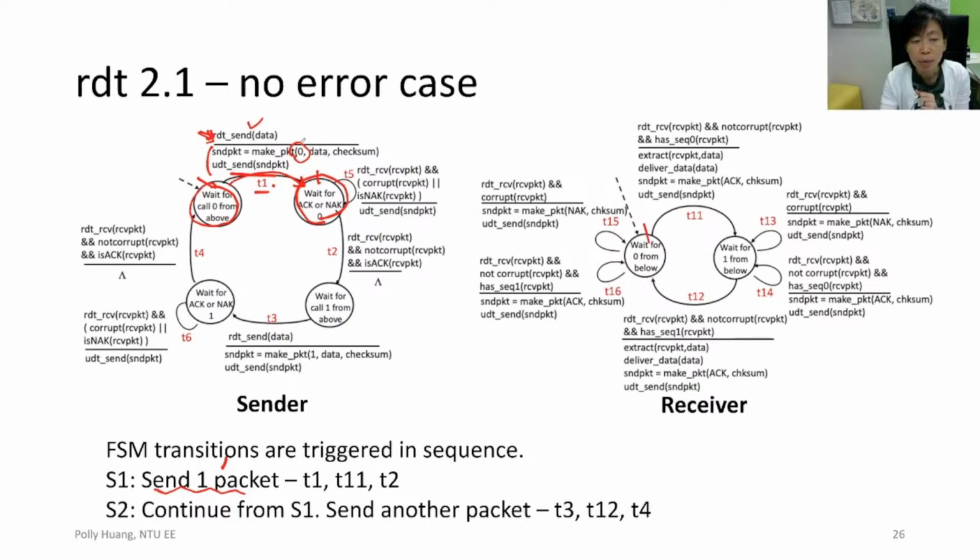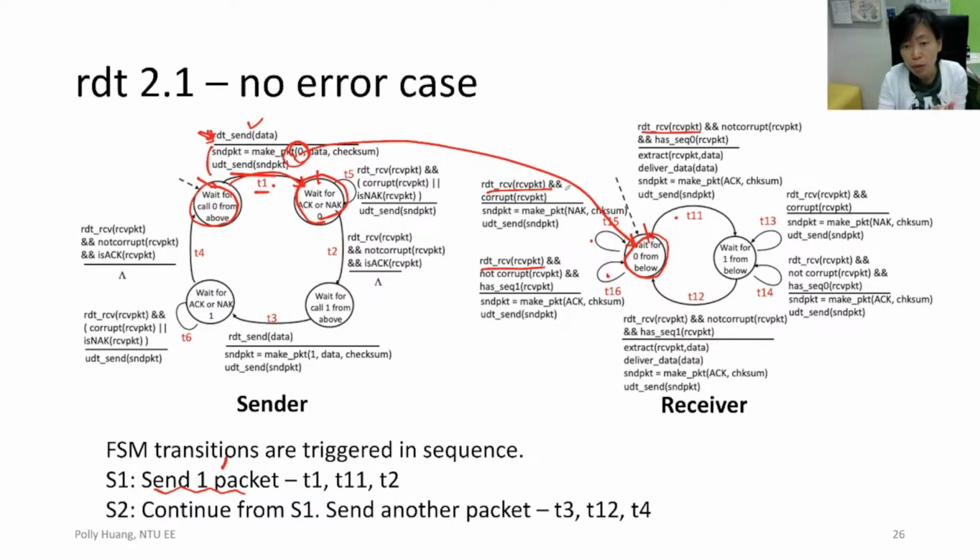The result of T1 is that a packet is generated, isn't it? And that's going to arrive at the receiver side. The receiver is currently here, so this is the starting state of the next transition being triggered, and it's receiving a packet from below. Let's see what the possible transitions are: 1, 2, 3, because all three of them start from the state here. The event is that we receive a packet, definitely, so all transitions are triggered by receiving a packet.